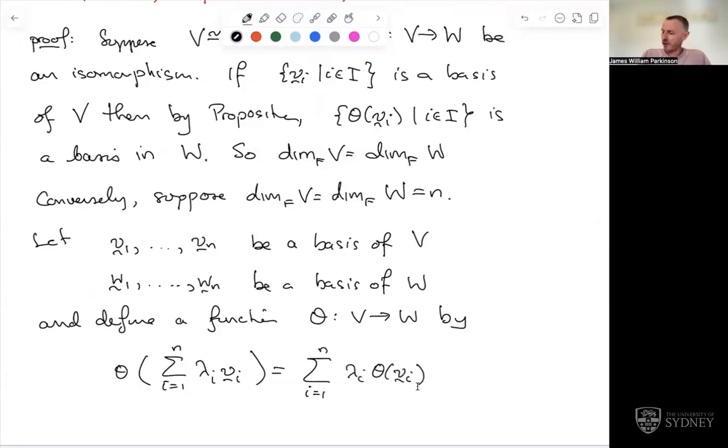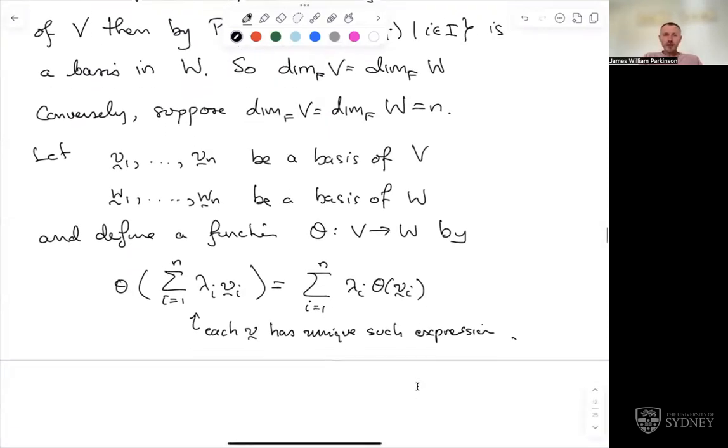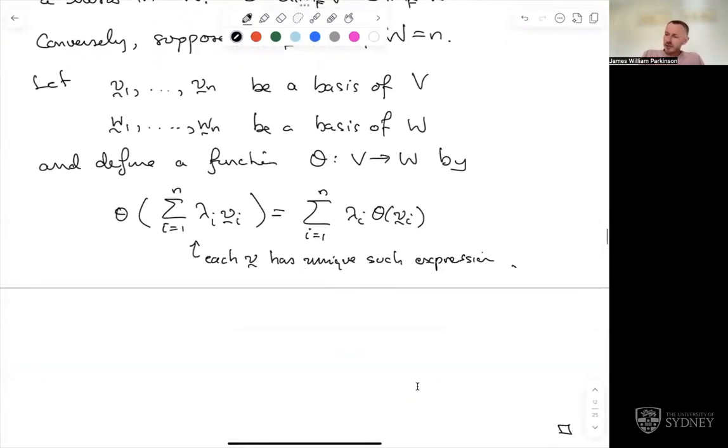Now all of this is well defined because every element of V has a unique way of expressing it like this. You know, if there were multiple ways of writing a vector as this linear combination, then this wouldn't be a well-defined map, but it is. So then this is a linear transformation.